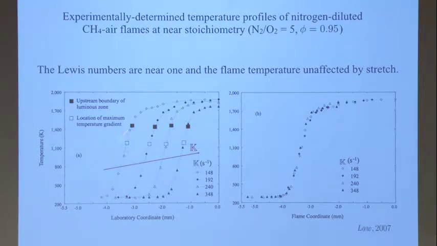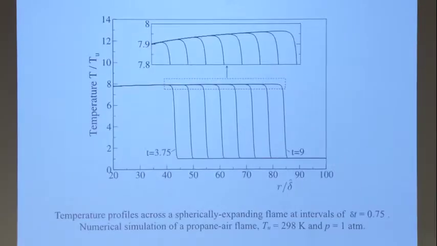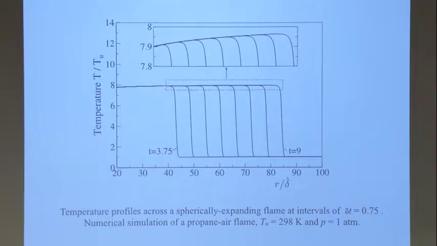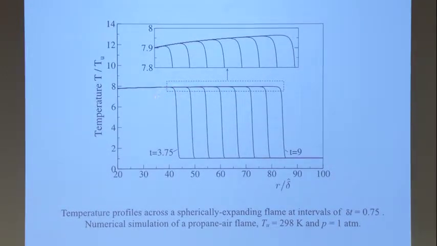But what was done, and this is taken from Ed Law's book, he simply superimposed all those profiles on top of each other to see if there is much of a variation in flame temperature. And you see that it's almost negligible, almost small. So it's consistent with what I showed you here, that even the computations show that it's nearly constant, but there is a small change. So first of all, in the hydrodynamic theory, we usually neglect those changes.